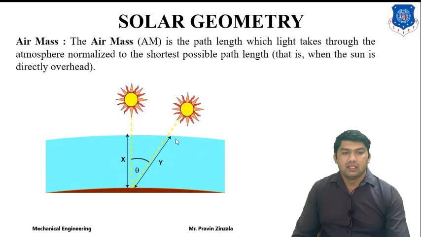Air mass is the length which solar radiation passes through the atmosphere, divided by the length of the sun rays when the sun is at the top position. In short form we generally use AM for air mass.